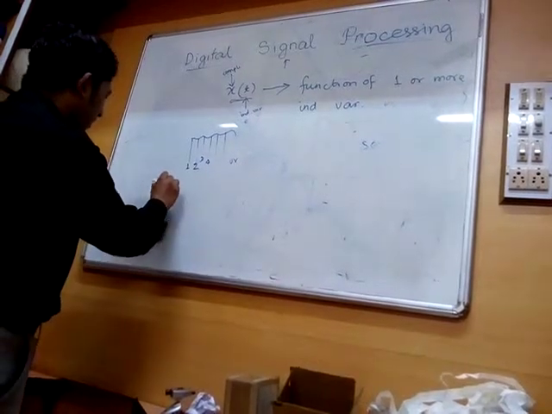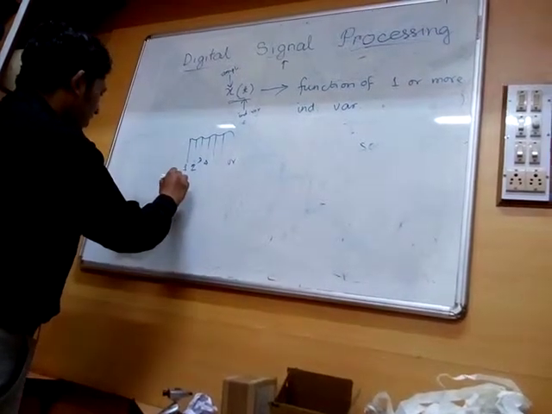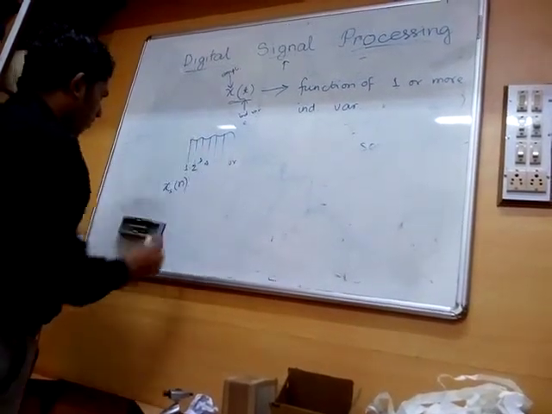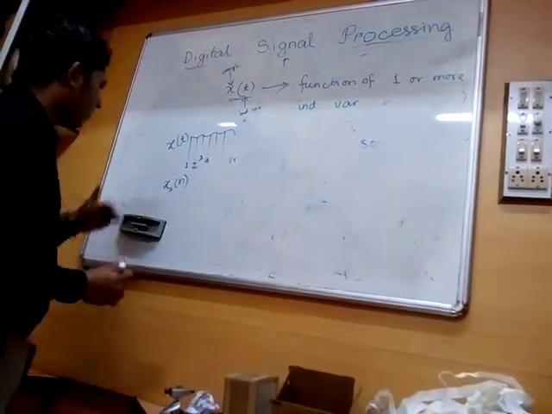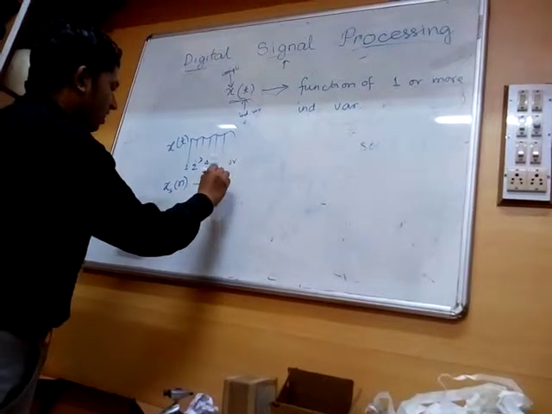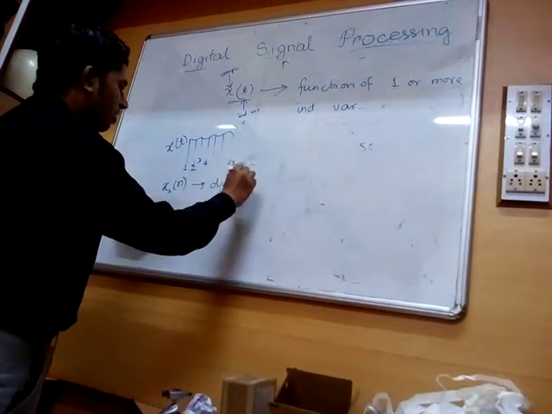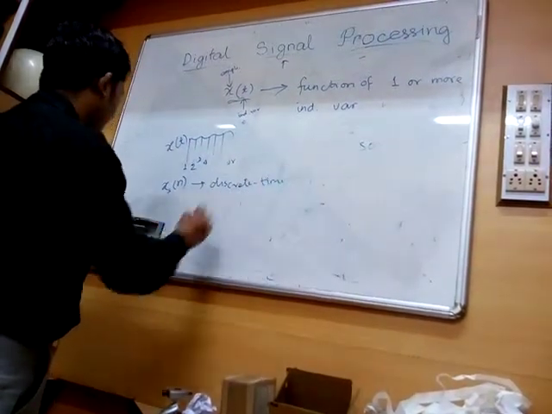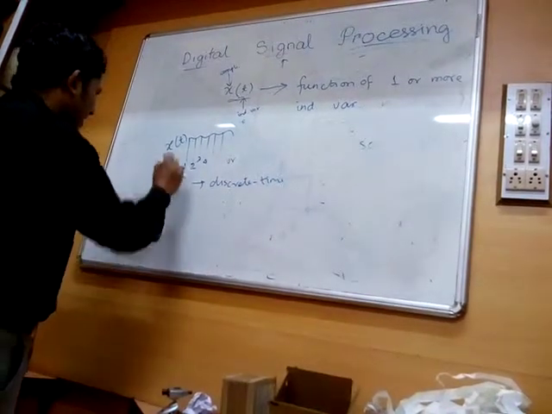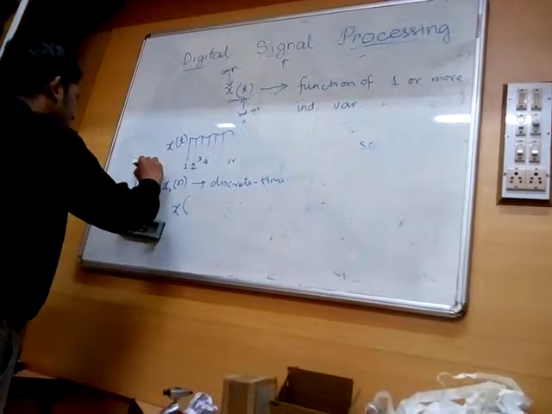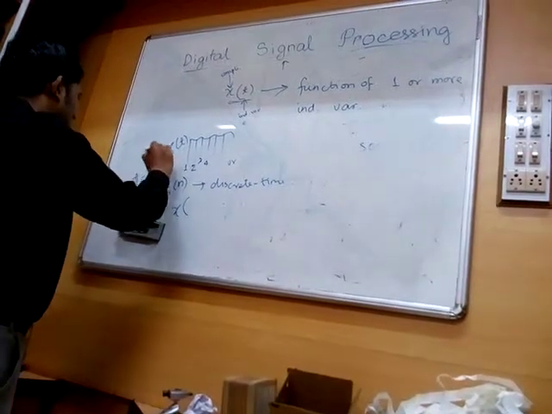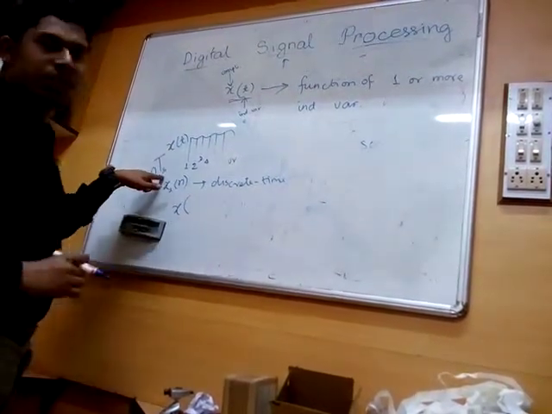So we represent the sampled version of this analog signal or continuous time signal as a discrete time signal x[n], which is nothing but x of integer multiples of my sample time.